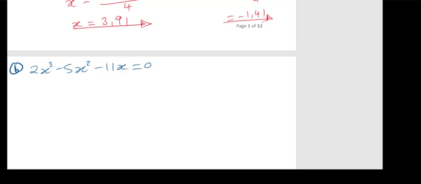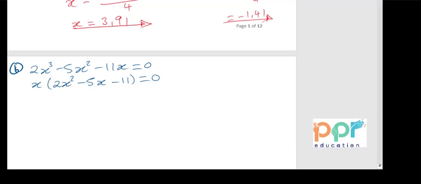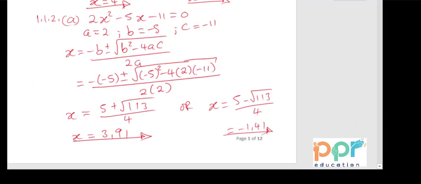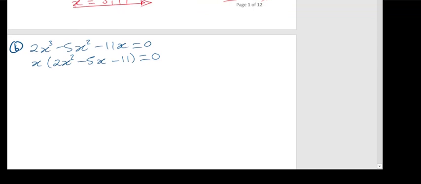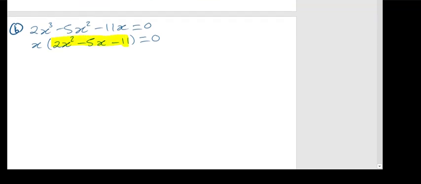Take out the common factor of x, and you keep 2x squared minus 5x minus 11 equal to 0. This is exactly the same as 2x squared minus 5x minus 11, and we already have those solutions.